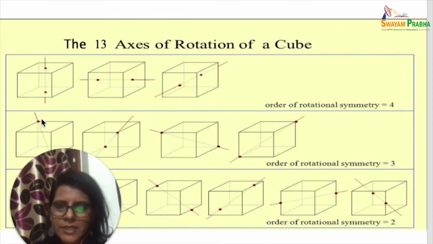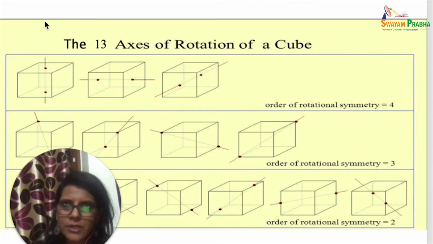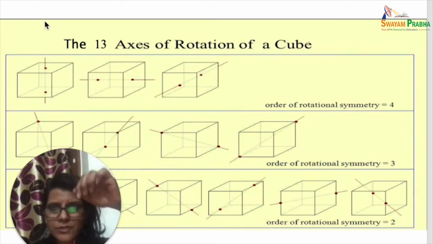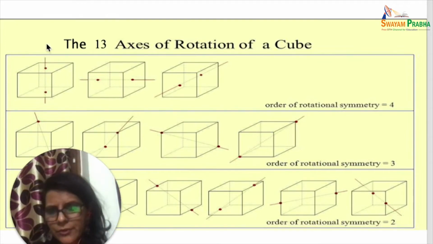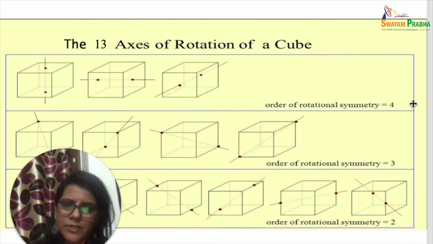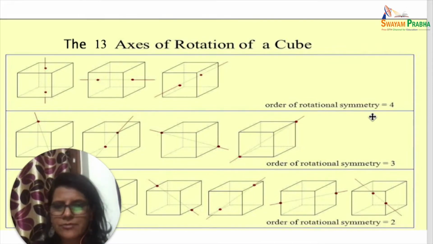Just imagine an imaginary line which is passing through the center of 2 opposite faces of a cube. There are how many faces? 6 faces. So how many pairs of opposite faces? 3. So you have 3 of these, and they are fourfold rotational axes of symmetry.